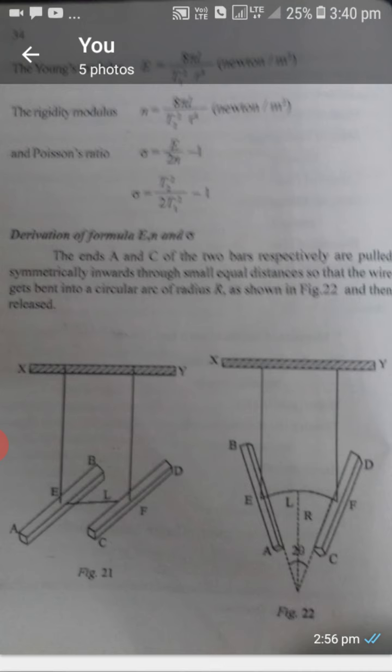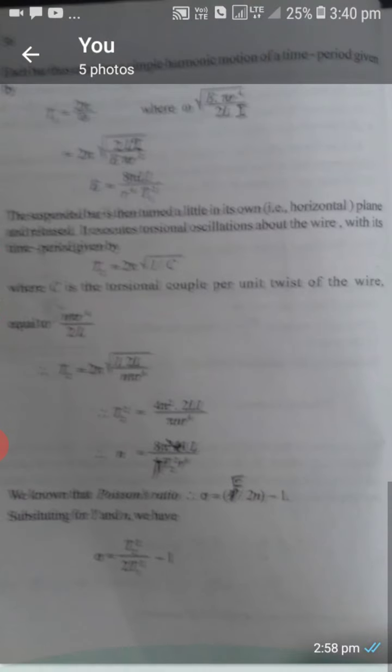Then each bar executes simple harmonic motion, given by a time period T1. We know time period T is equal to 2 pi by omega. Therefore T1 is equal to 2 pi by omega. Here we know omega is equal to what?